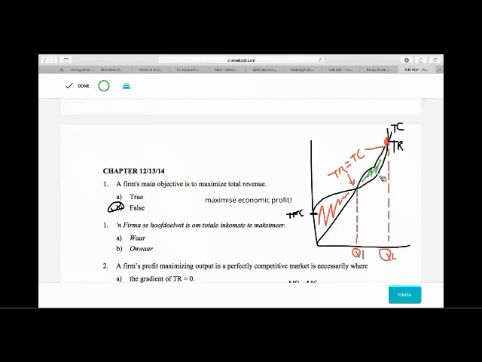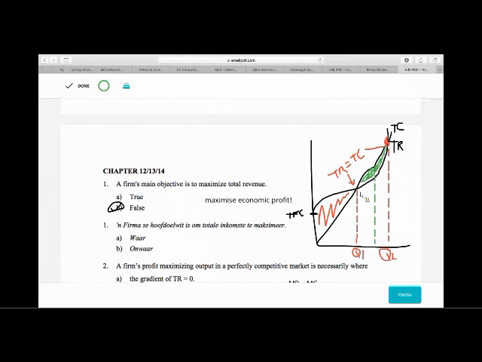And the point at which the distance between these two lines is going to be the largest is when the slope of the total cost curve and the slope of the total revenue curve are the same. So when those two curves, in this case a line for total revenue and the total cost curve, have the same slope, the distance between them is its largest.